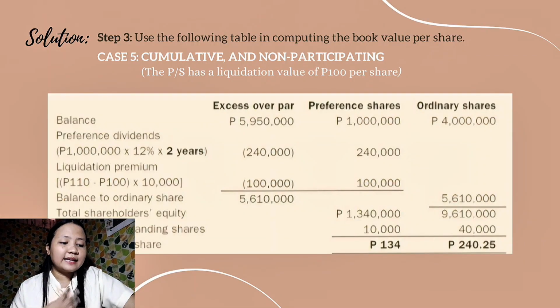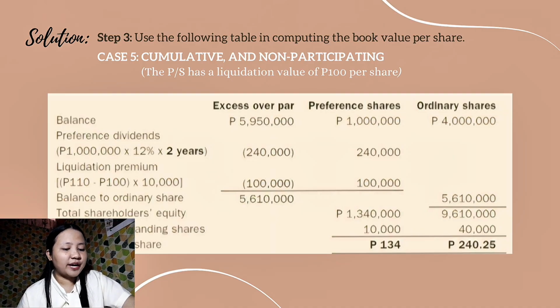So, the next and the last case or condition that we will be solving here is cumulative and non-participating, but the preference share has a liquidation value of 110 pesos per share. Following the same process, we put up the balances and in our columns, preference dividends for 2 years and the liquidation premium.